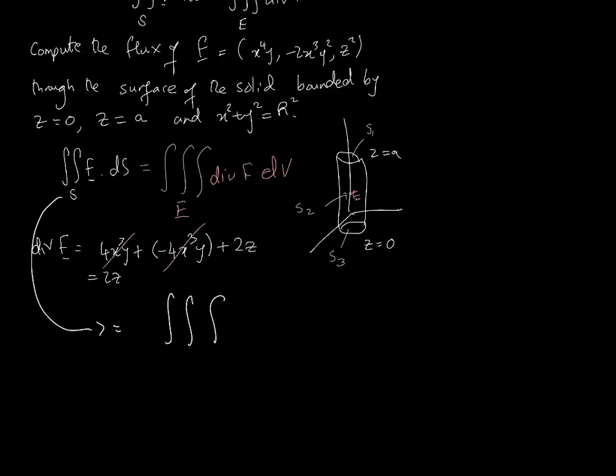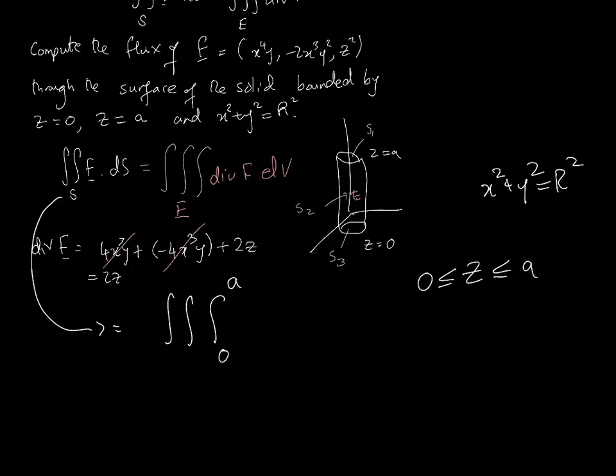The z here is between 0, the bottom of the cylinder, and the top of the cylinder, z equals a. So that's simple. We just put the limits 0 to a here. The other thing we need to keep in mind is we have a cylinder x squared plus y squared equals r squared. The double integral is going to be looking at that cylindrical region, and the best thing to use here is polar coordinates.